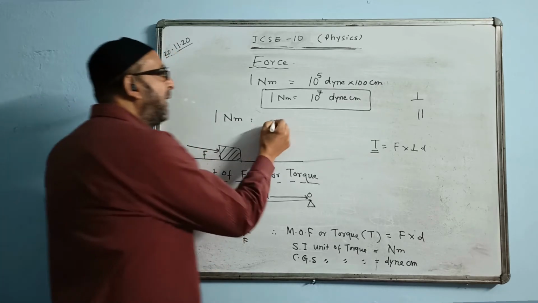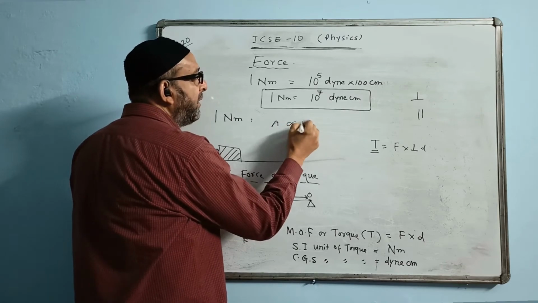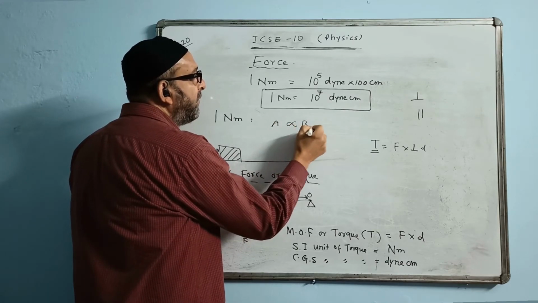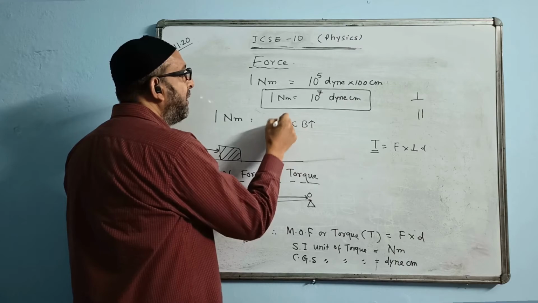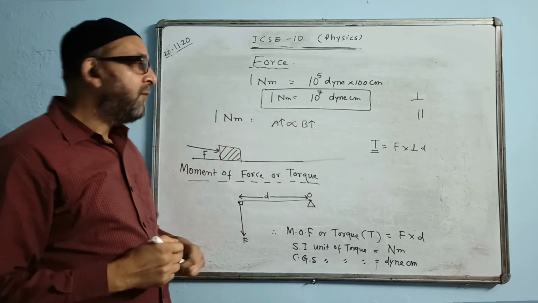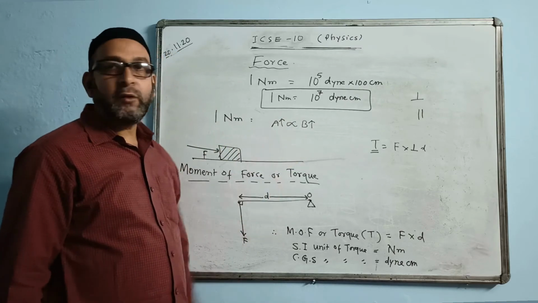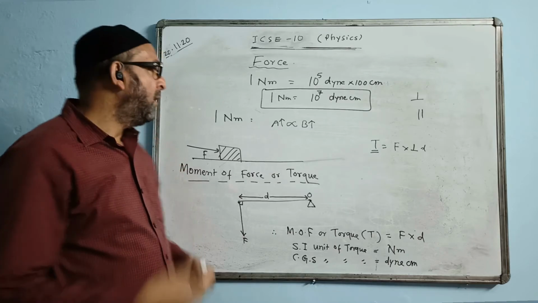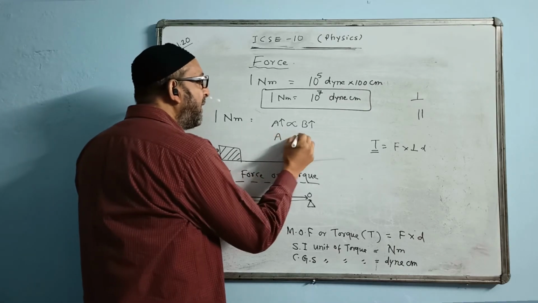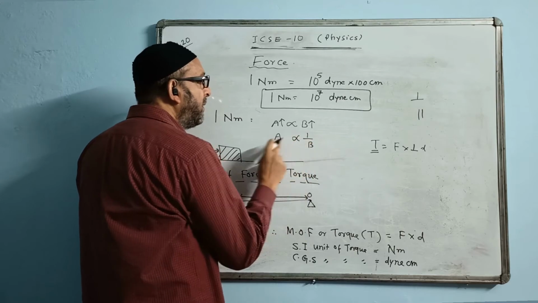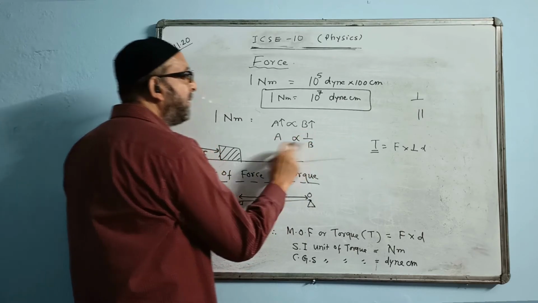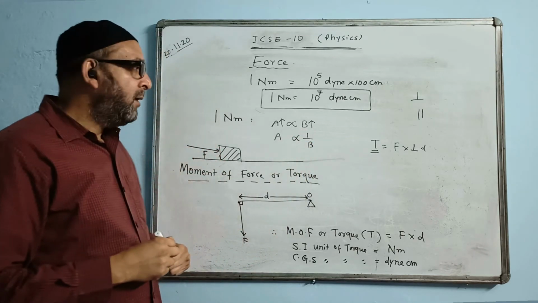If I write like this, A proportional to B, this is the sign of proportionality, that means when B increases, A also will increase. When B decreases, then A will also decrease. In the same way, inversely proportional we write like this, A proportional to 1 by B. What does it mean?